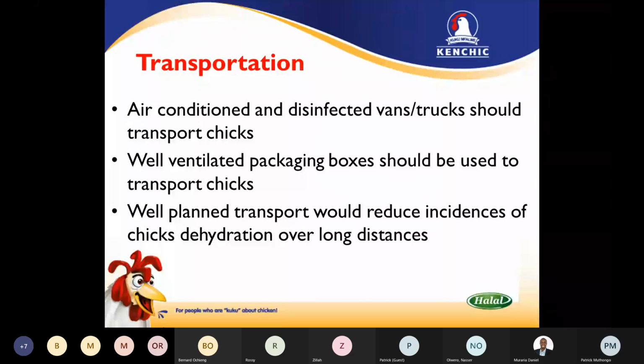But there are trends coming up in developed countries, like the USA and some countries in Europe, where they use nutrient gels or even watermelon to avoid your chicks dehydrating. That is a cause of early chick mortality. Kenya tutafikia hapo, but currently at least we are doing good when it comes to transportation of chicks to your farms.